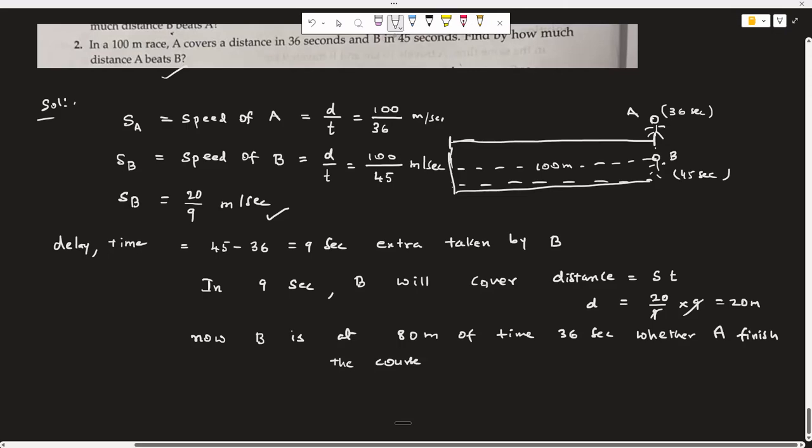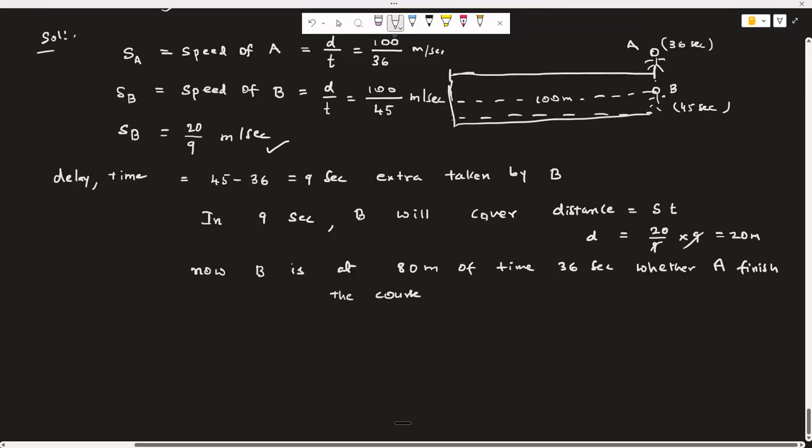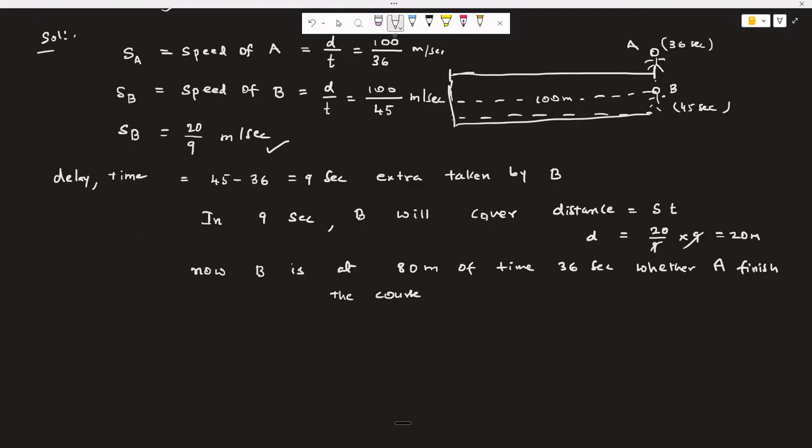Actually, these are extra steps; we do not need to write all this. For better understanding, I'm describing the entire situation.